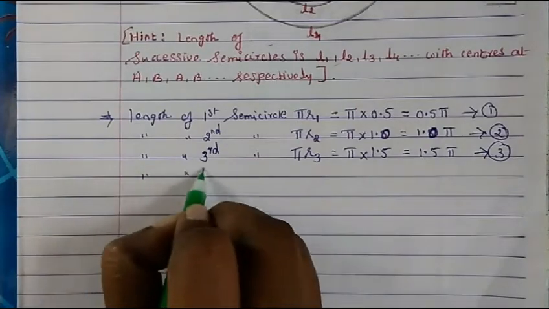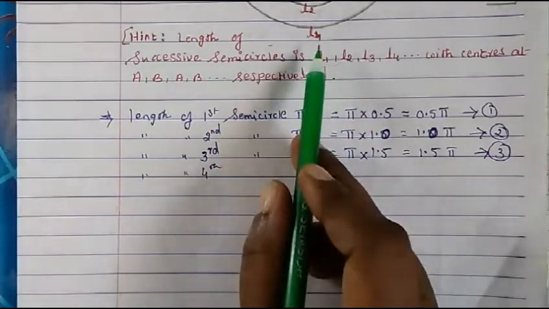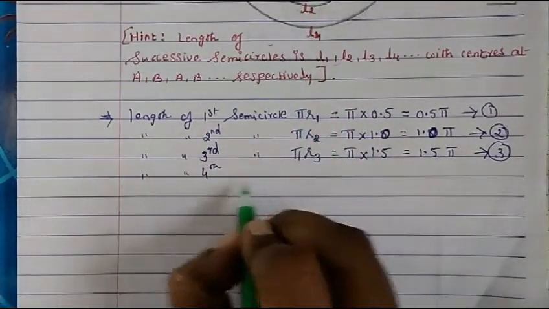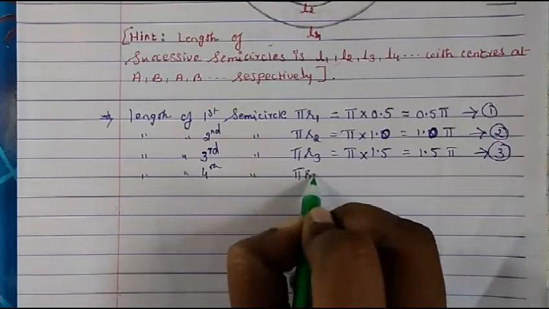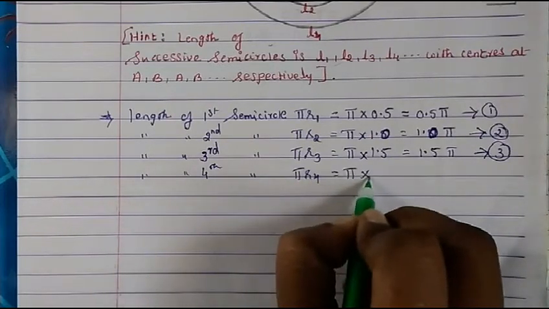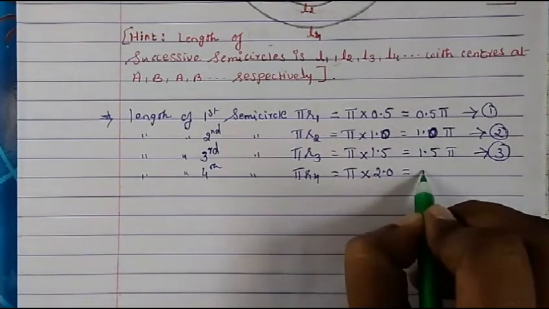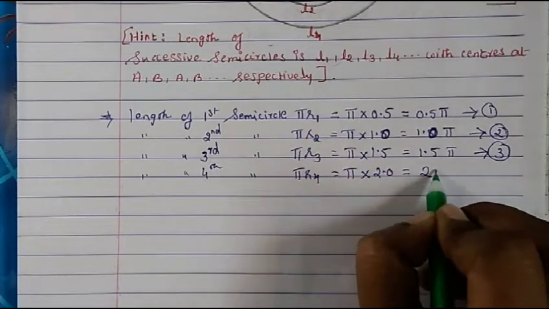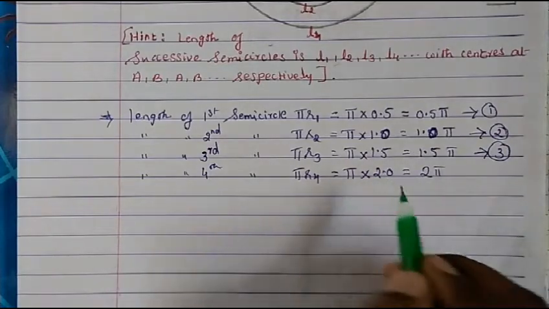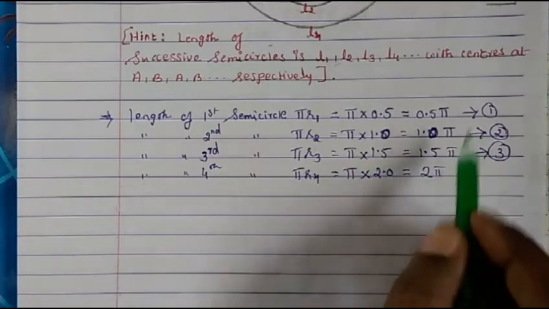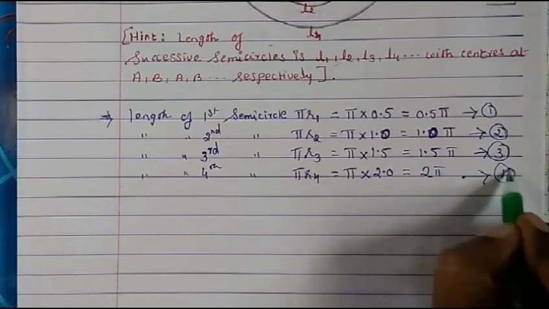Then same way the fourth, because we are given up to 4, right? So the fourth will be pi into 2.0. When you multiply, you will get 2 pi, because 2.0 means 2 only. So now this is the fourth equation.